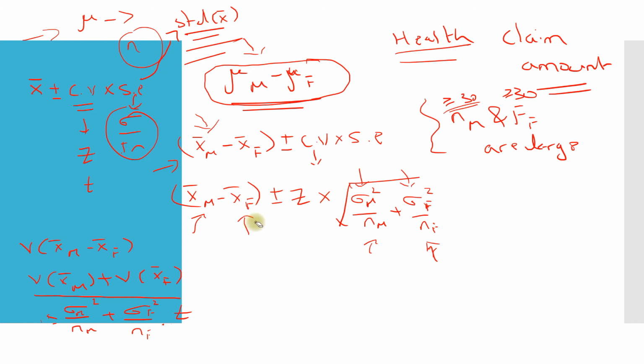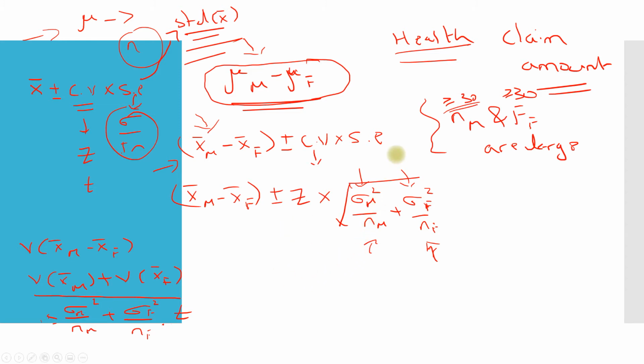If you're computing a 95% confidence interval, that z would become 1.96. If you're computing a 90%, it would become 1.645. This is what we explained to you last time, how to find these z values.